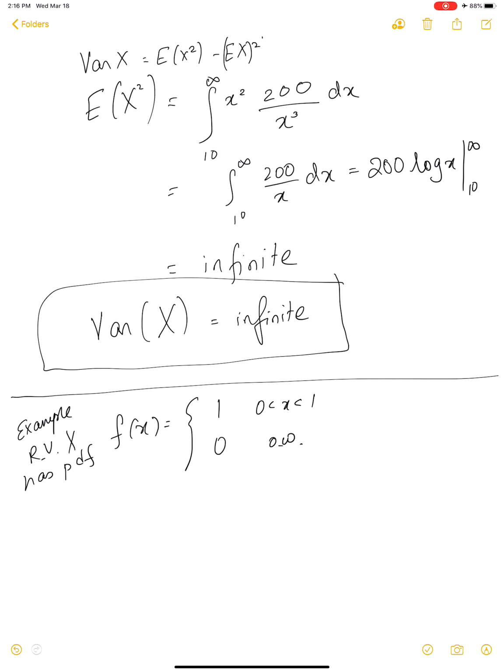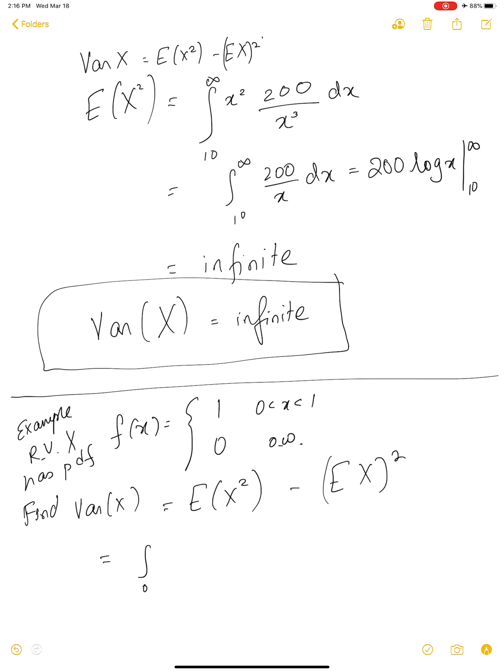Let's find the variance of x. So what will this be? Expectation of x squared minus expectation of x whole squared. All right, so I'm just going to write it down as a whole string over here, evaluating all of these quantities at once. Okay, so what's the expected value of x squared?